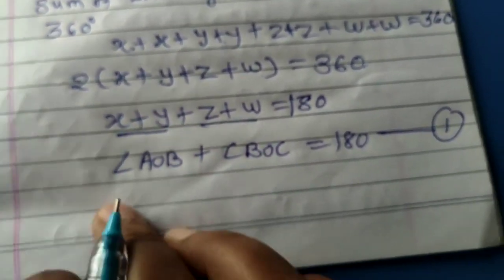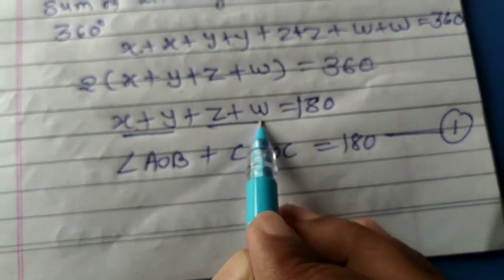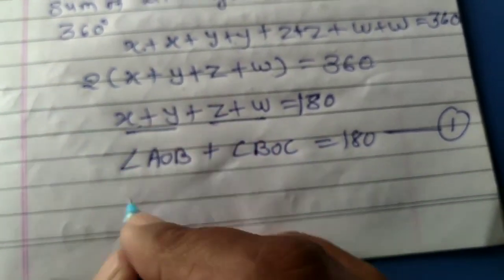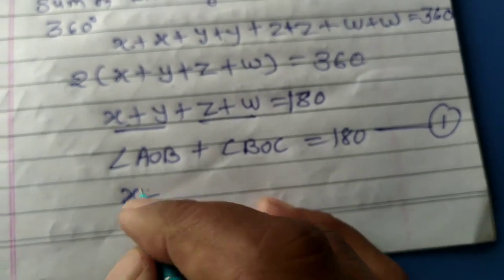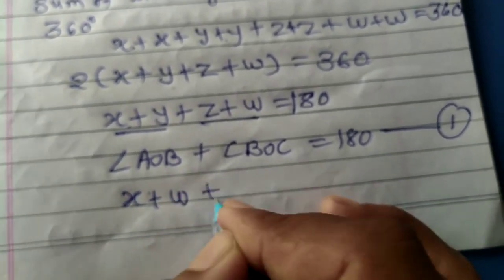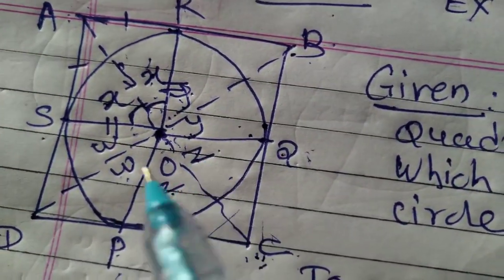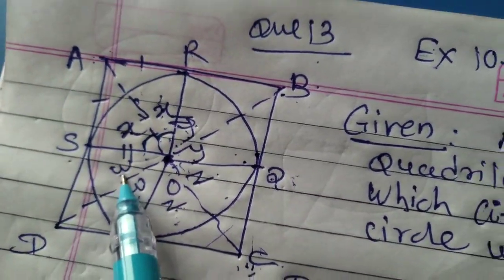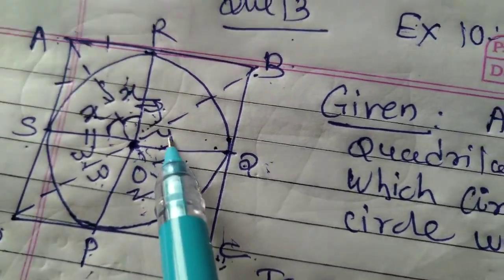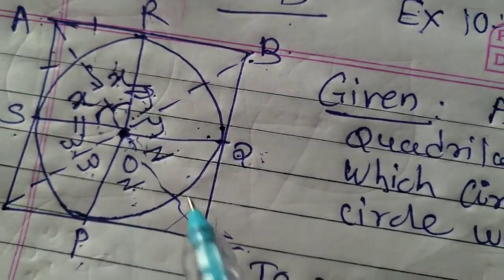First part proved. Now in the same situation, if we take the pair x plus w and y plus z, x plus w means angle AOD, and y plus z means angle BOC.